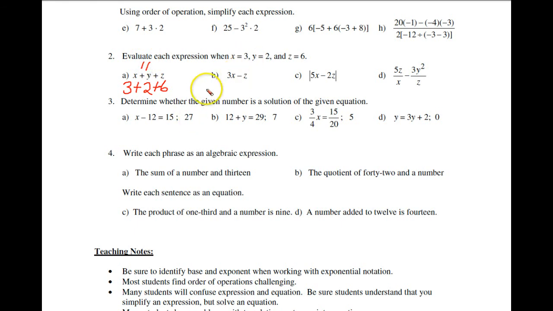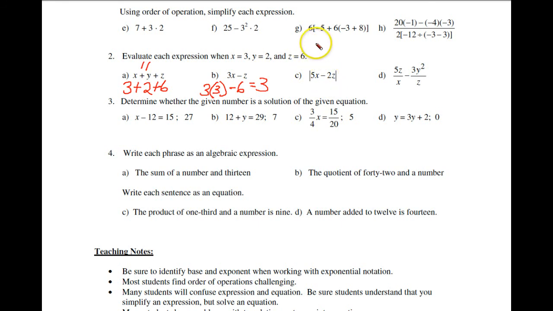Now here the x is 3, so we go 3 times. And here's where the use of a parenthesis is very helpful. Minus z, which is 6. So this is going to be 9 minus 6 is 3. Now notice the absolute value signs here.